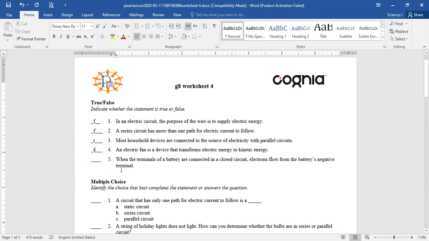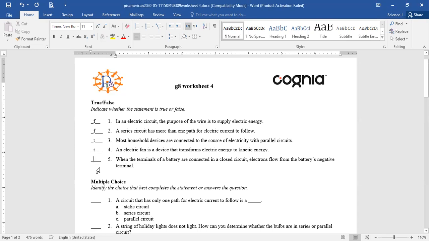Good. Question number 5: when the terminals of a battery are connected in a closed circuit, electrons flow from the battery's negative terminal. Is it true or false? Let's check. What is a terminal? Terminal means end. Who can answer this question? Others, please, raise your hands.